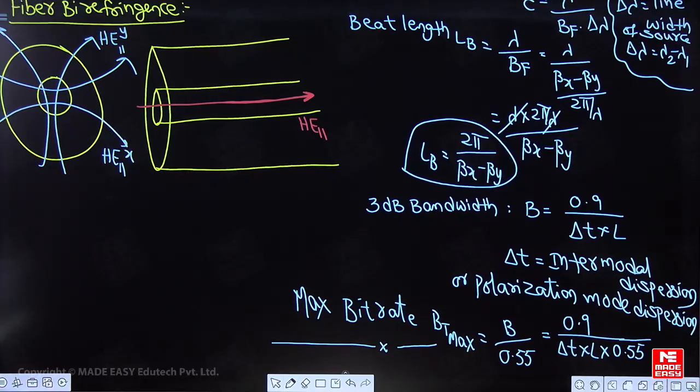Next point: the length of fiber over which the birefringent coherence is maintained is the coherence length.